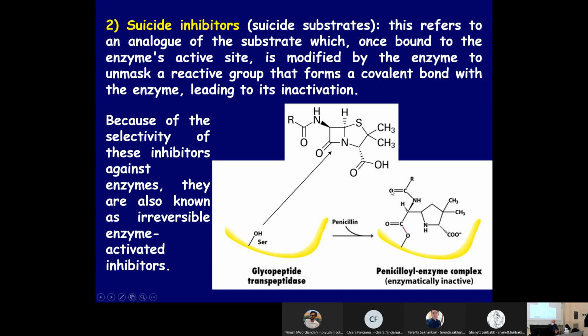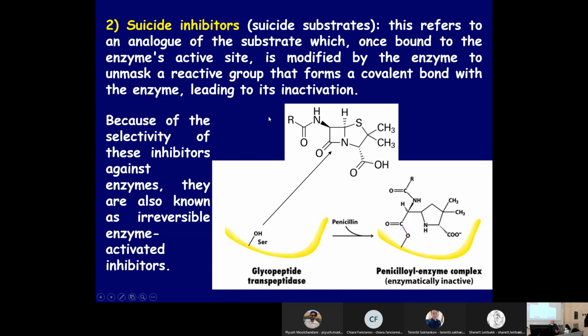And so we can observe the formation of a covalent bond between the OH of serine and the activated carbonyl atom of the beta-lactamic ring.